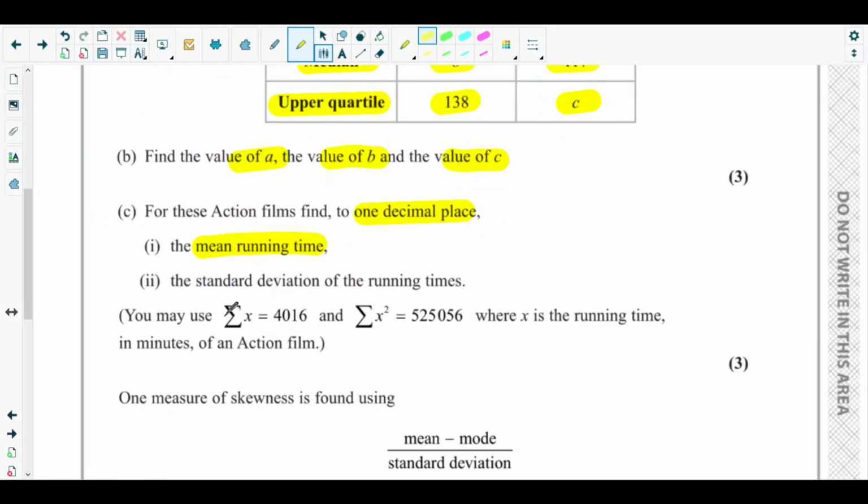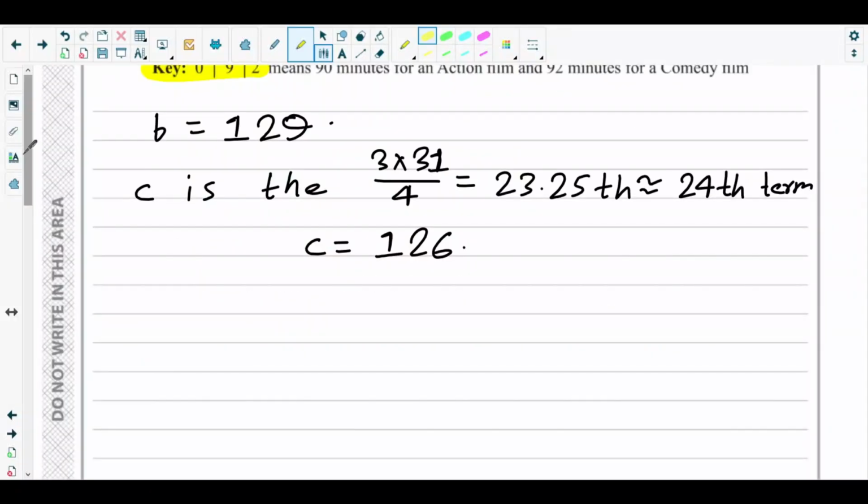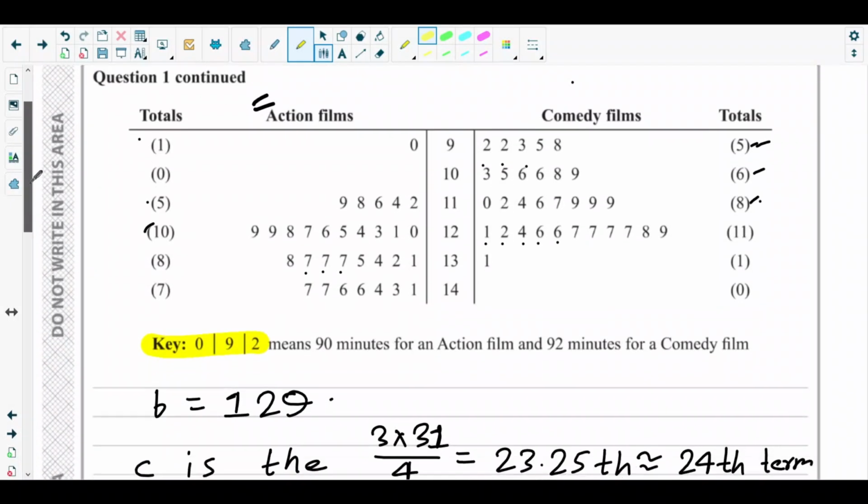You may use sum of x equals 4016, and sum of x squared is 525056, where x is the running time in minutes of an action film. The sum of all the data is given already, so they have made it easy for us.